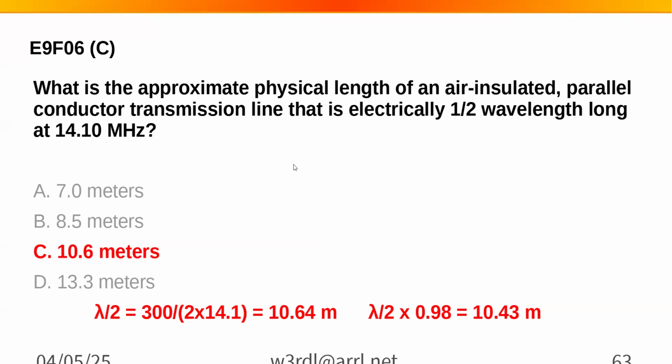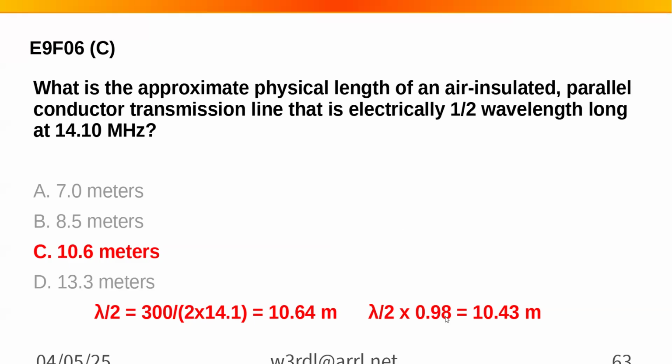Speed of light divided by the frequency in megahertz gives you the length in meters. So if you divide 300 by 14.1, and I also put the 2 in for half a wavelength, because if I just divided it by 14, it would be a full wavelength. So you get 10.64 meters.